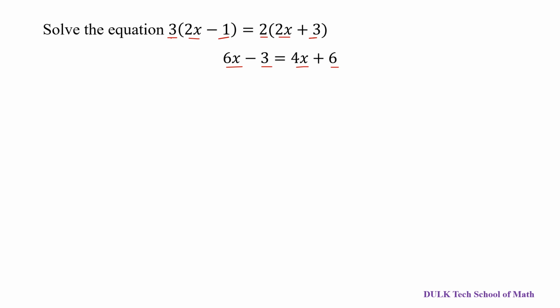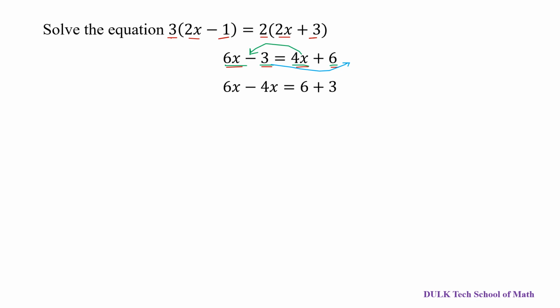Then from here, we are now collecting like terms and simplifying both sides, right? In this case, 6x on the left hand side is a like term of 4x on the right hand side. At the same time, minus 3 on the left hand side is a like term of 6 on the right hand side. Right, so let's take this minus 4x to the left hand side. At the same time, taking minus 3 to the right hand side, like this.